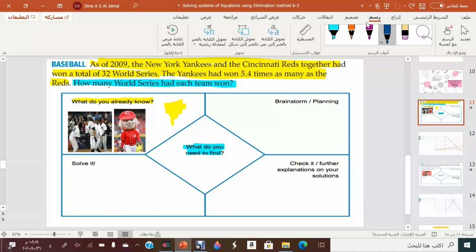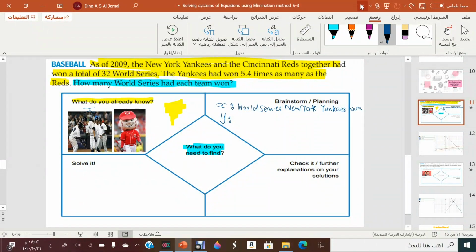If we choose variable x and variable y, variable x will be showing the World Series that the New York Yankees won.